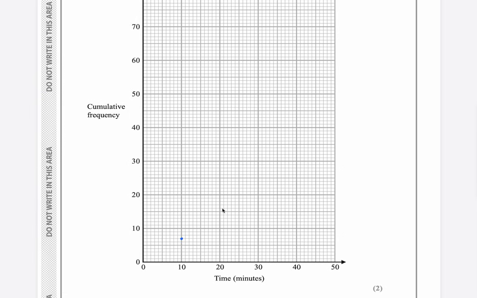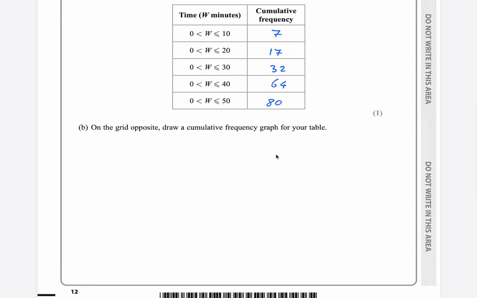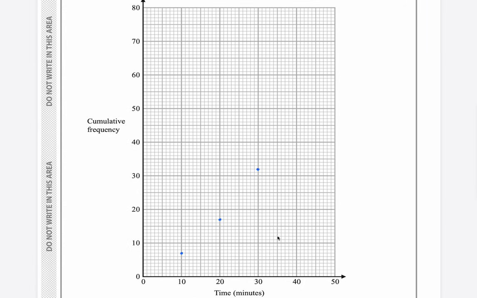So 17 is here, 32 is here, 64 and 80. 64 is there, and 80 is at the top.